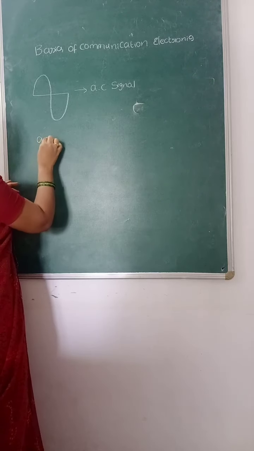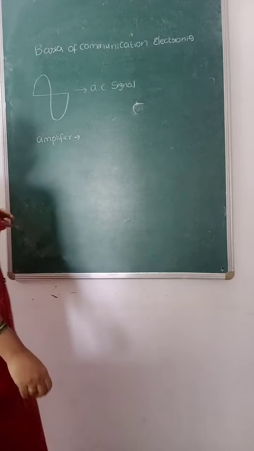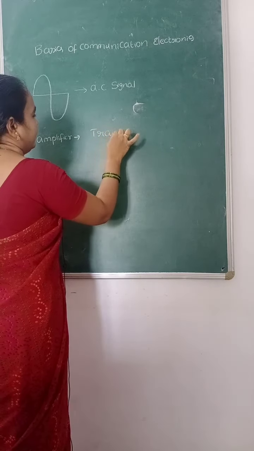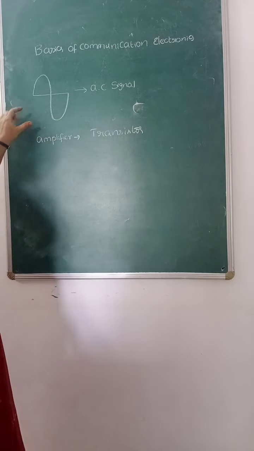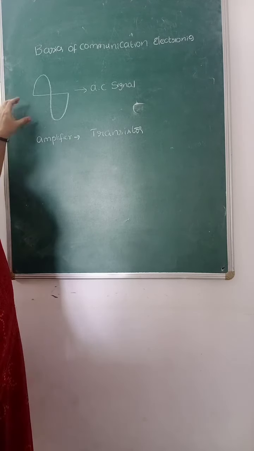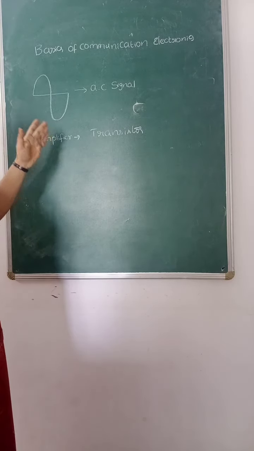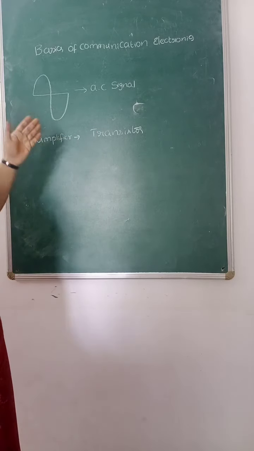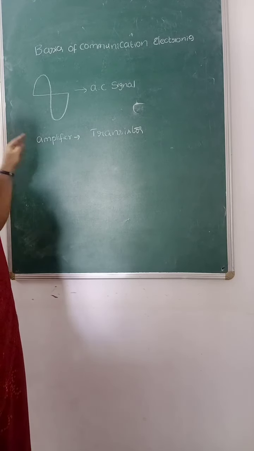In order to amplify, the fundamental element used in an amplifier is the transistor. The data in the form of an AC signal is a weak signal, so it will not travel through longer distances without the help of an amplifier.